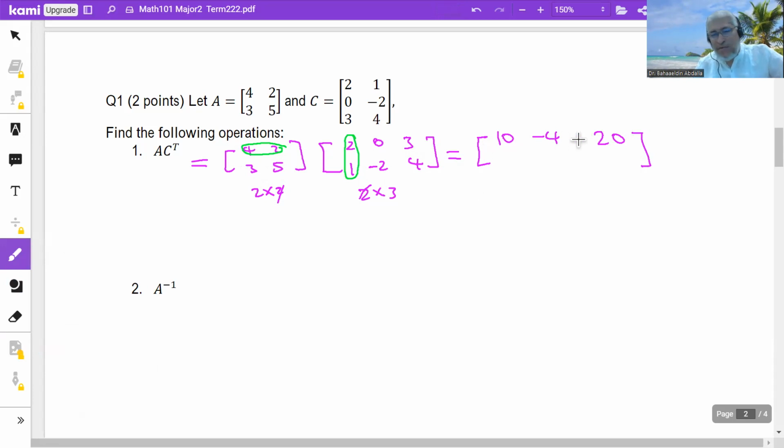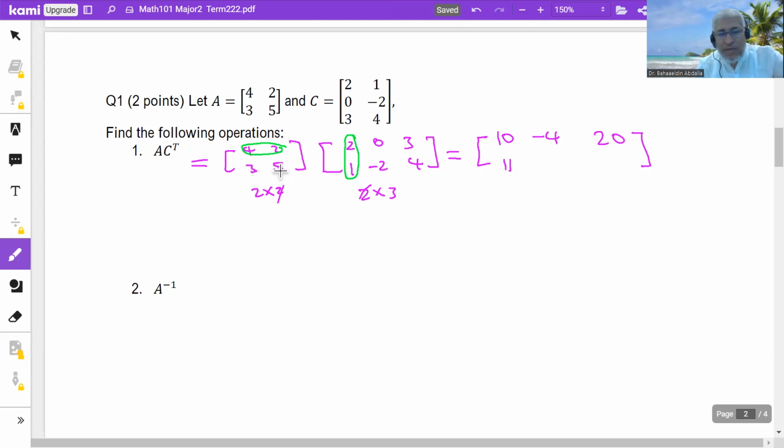So now we have the entries of the first row in the product matrix. We do the same for the second row. So multiply the second row of A by the first column of C transpose. So 3 times 2 is 6. 5 times 1 is 5. 6 plus 5 is 11.